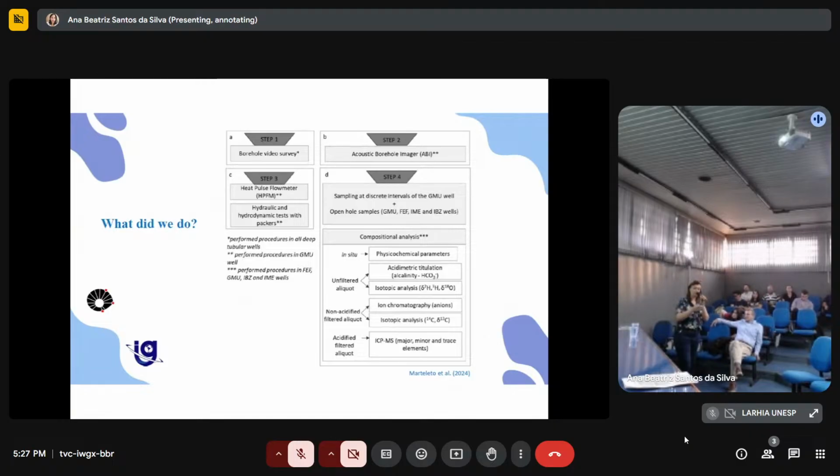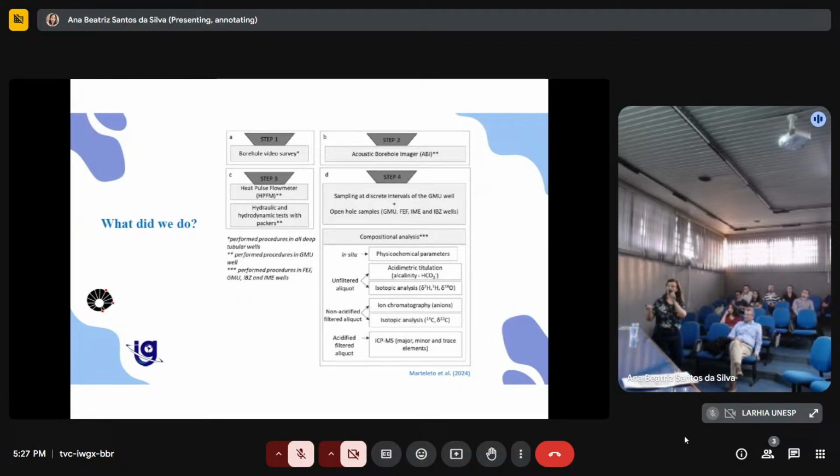And with the samples that we collected, we did hydrogeochemistry, of course, physicochemical parameters in situ, normal hydrogeochemistry, ion chromatography, major ions, and then as we have the ICP-MS, and we have a very good, very skilled technician there, Margaretti, she really does magic with this ICP-MS.